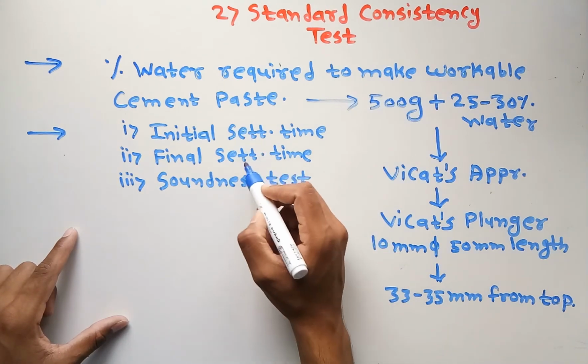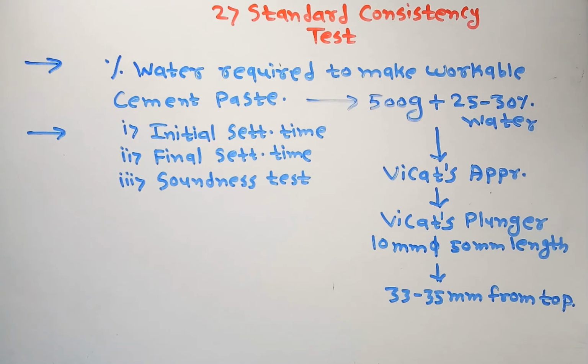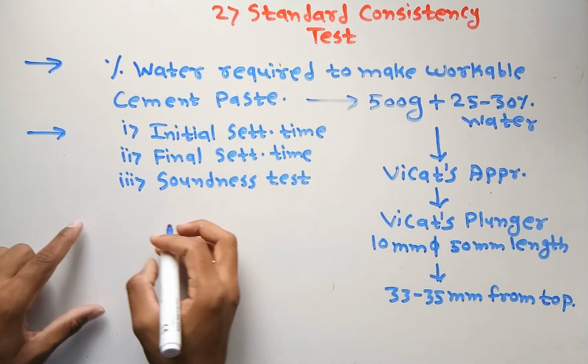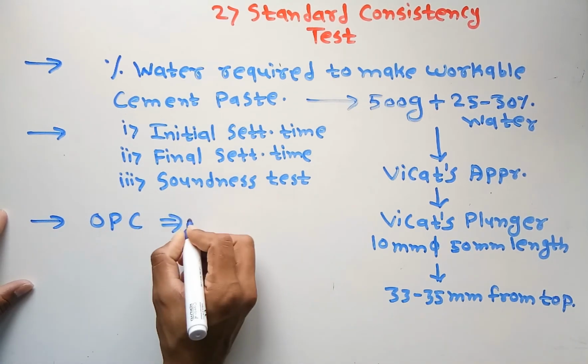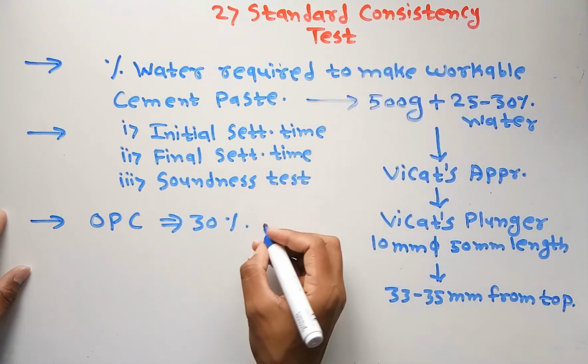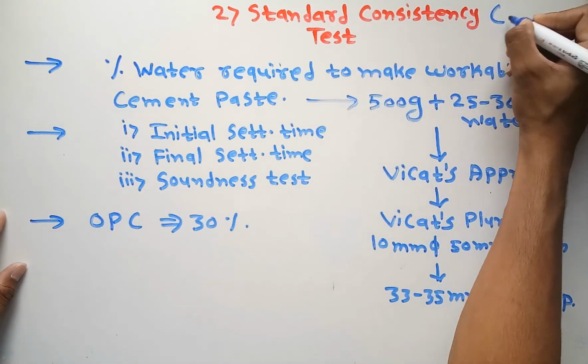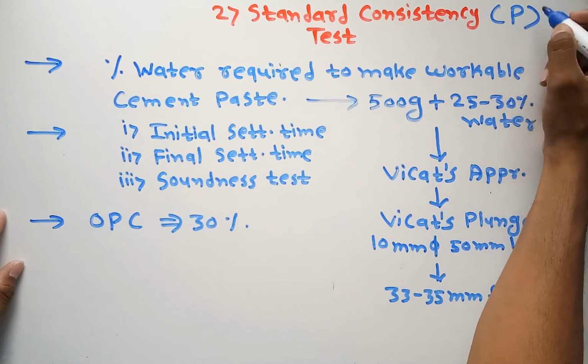In the initial and final setting time we will see more about the Vicat's apparatus. Generally for OPC the standard consistency is around 30%, and the standard consistency is denoted by capital P.